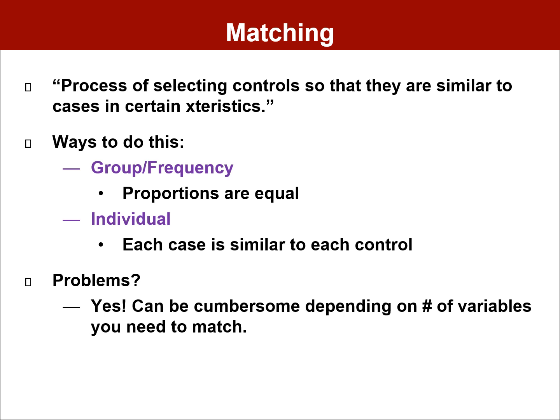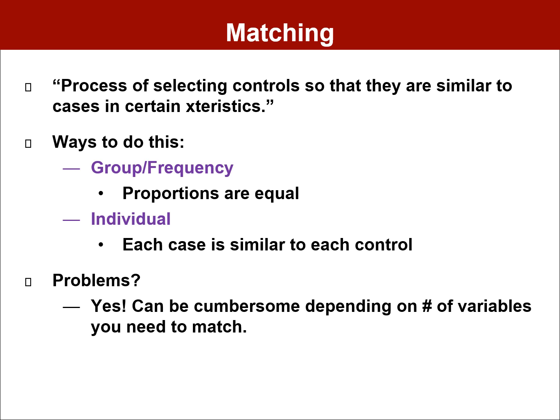One is at the group level, meaning that, let's say we have a case group of 100 participants with a 50% distribution based on gender, so 50% males, 50% females. In your control group, you want to make sure you have the same distribution, 50% males, 50% females. So this is done at the group level.